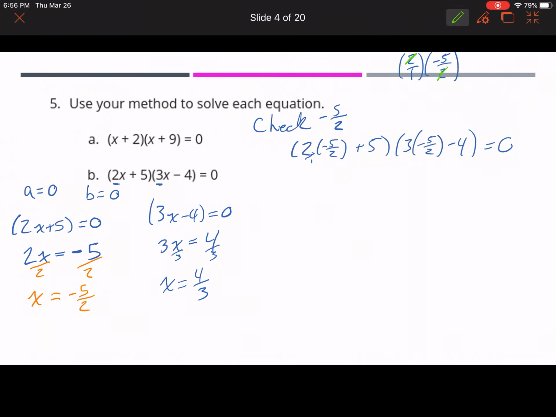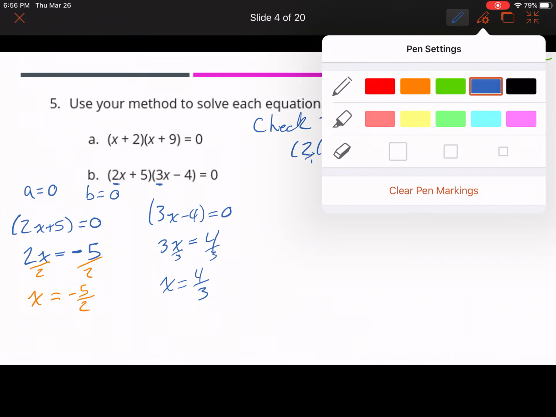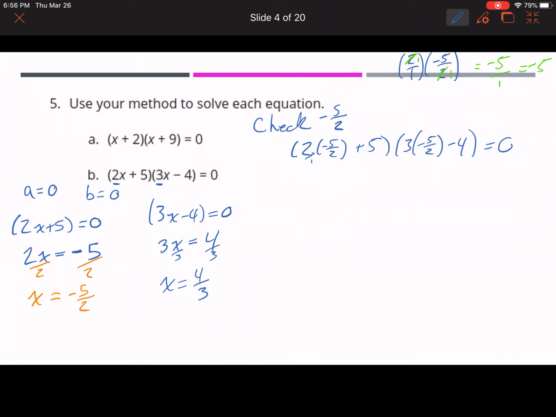Take out that 2, take out that 2, they each become a 1. And we end up with -5/1, which is -5. Or, which I think most of you are going to end up doing, multiplying the two top numbers together, -10, multiply the two bottom numbers together, we get 2, plus 5.